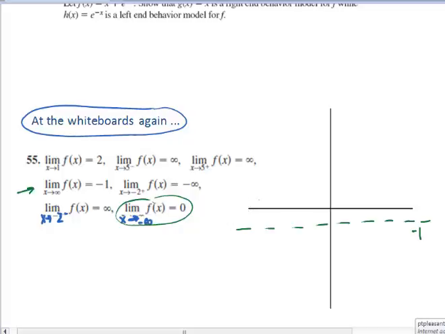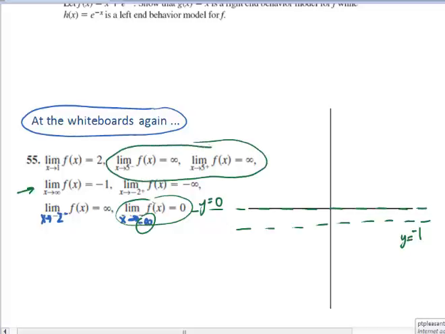And as x goes to negative infinity, I'm going to head to 0, so I have another horizontal asymptote at y equals 0. In between, I have these two half limits that describe a vertical asymptote.